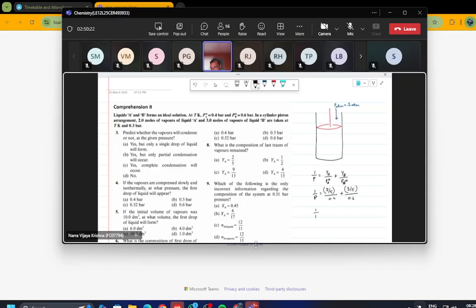So 1 by P equal to what value? 0.4 how many times? So this is 1, plus 0.6 how many times? So P equals what is the pressure generated if liquid and vapor both exist in equilibrium here? 0.5.